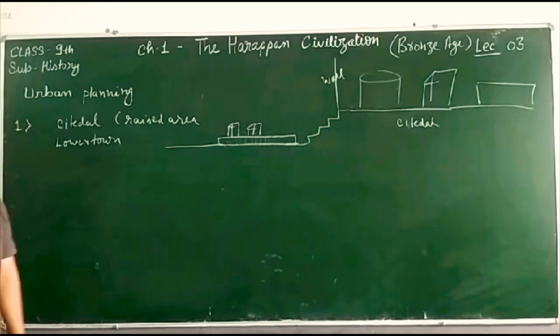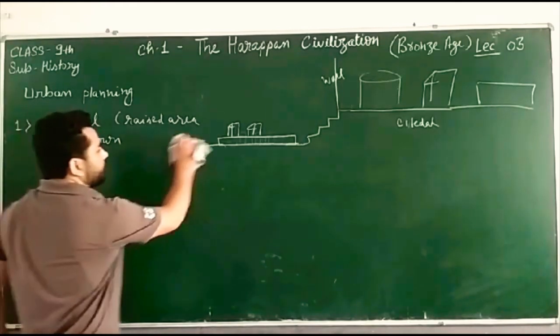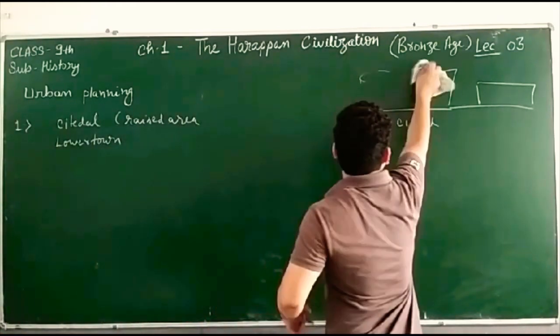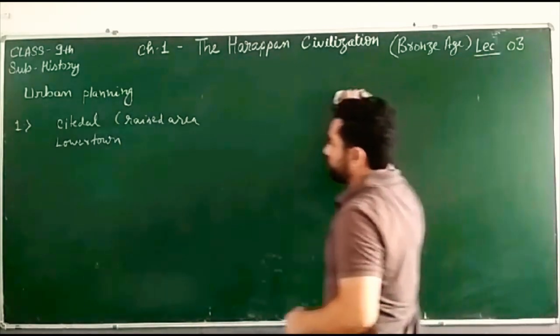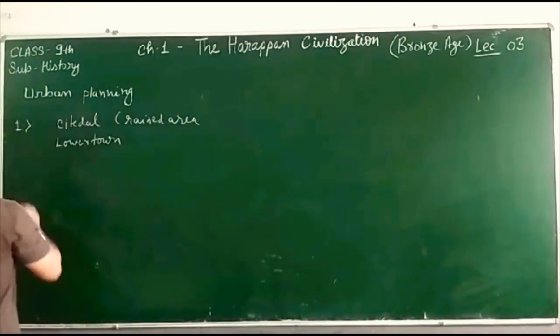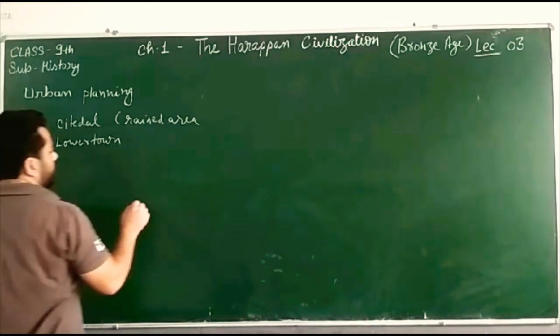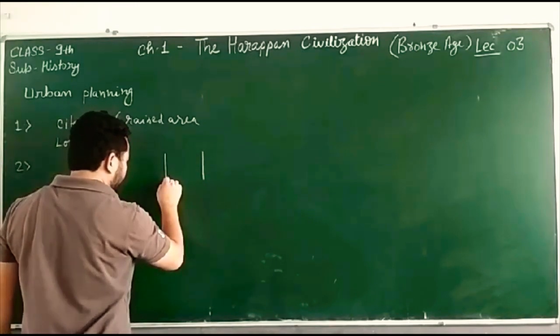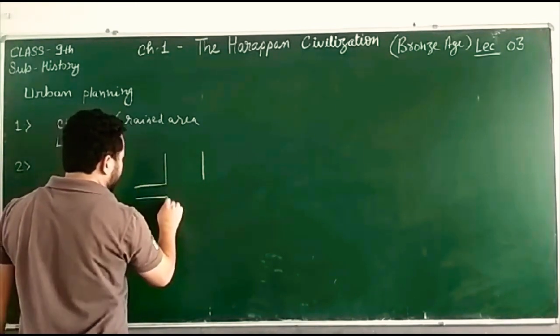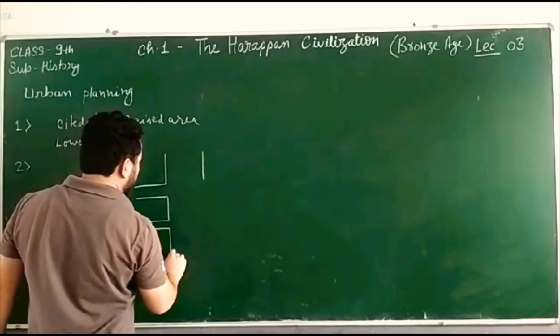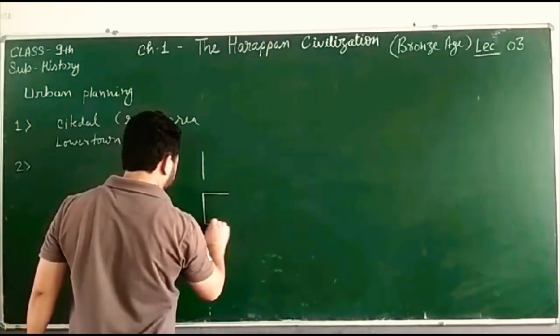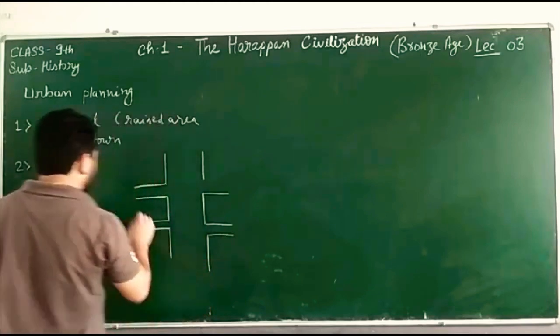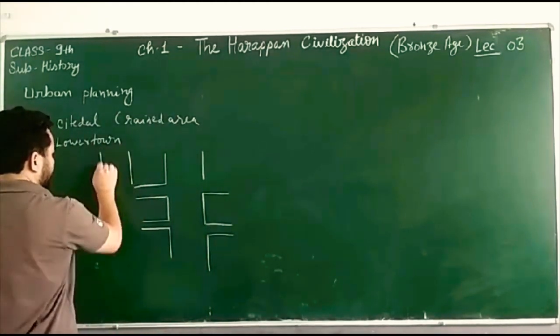Now the roads were cutting each other and making a grid pattern. Grid pattern how? Suppose this is the main street or main road. Different roads were cutting this at a 90-degree angle like this. Suppose it is another road.